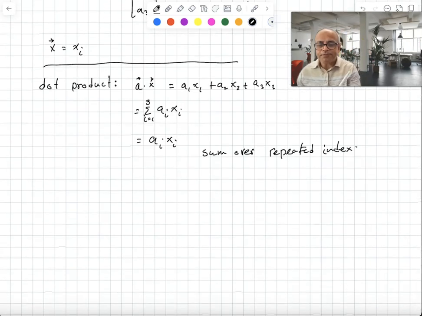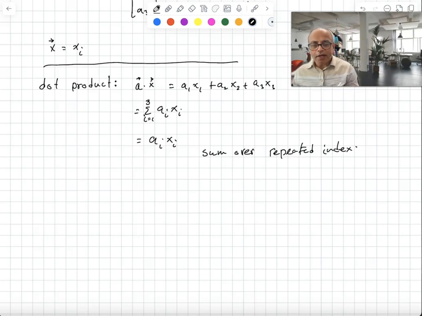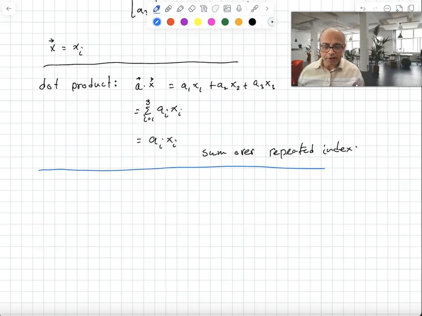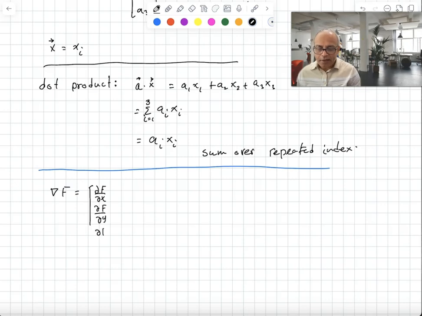That helps. Okay. So having said that this is a dot product, let's think of how we write the gradient of a scalar quantity. Let's say gradient of f. Gradient of f is written as partial f with respect to x, partial f with respect to y, partial f with respect to z.